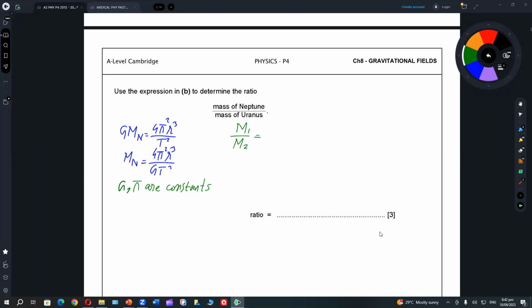So let's make the ratio here. We put Neptune. So r cube upon, 4 is removed, G, and so I will put r1 cube upon T1 square upon r2 cube upon T2 square. I made the ratio like that.